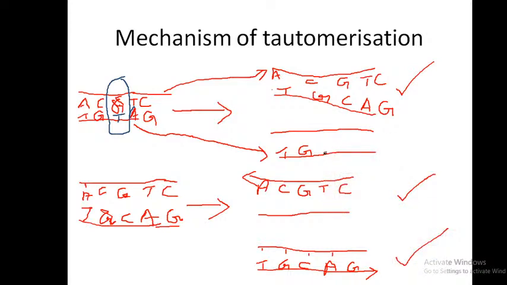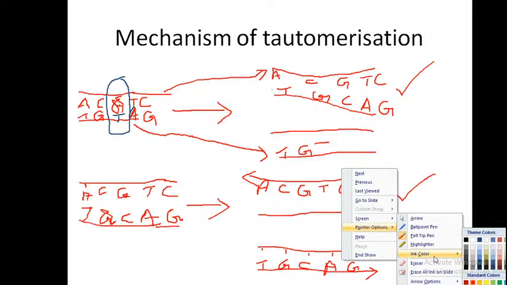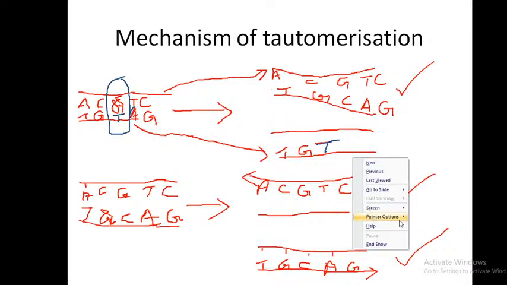See, here it is T. Here it is T. This is T, and this is the only portion where a single base change has happened, but all other places it is correct. Only here the change comes. T, that is the mutated one.